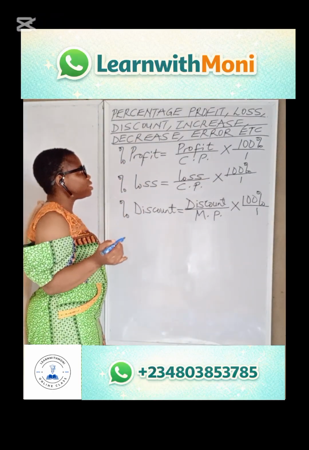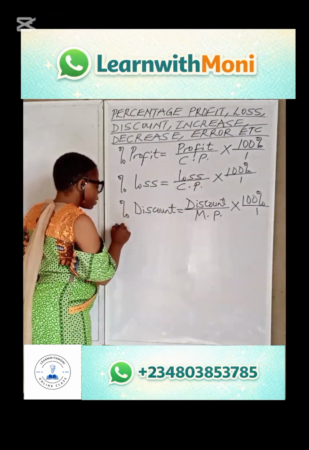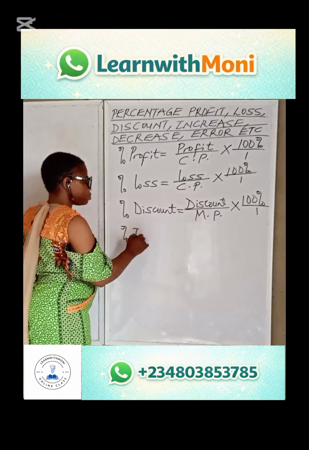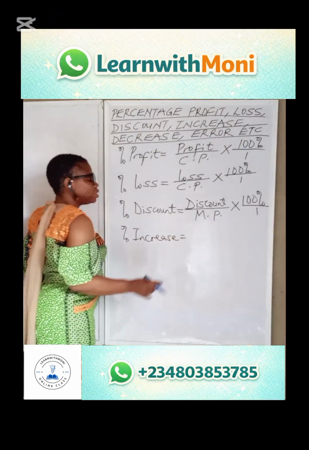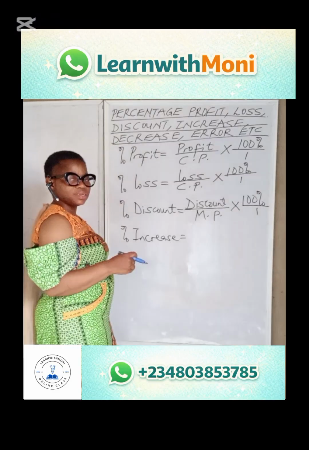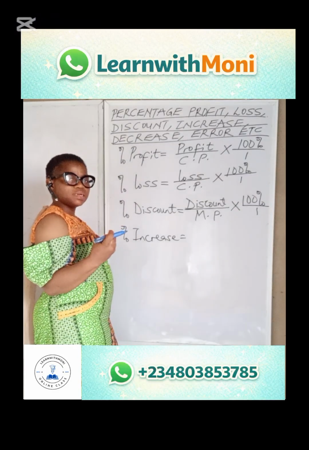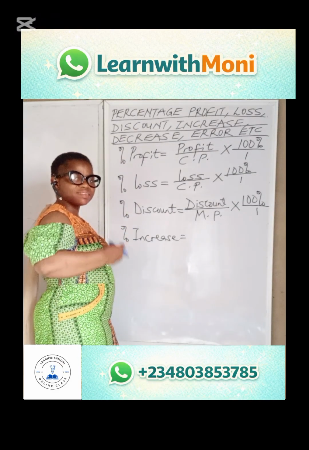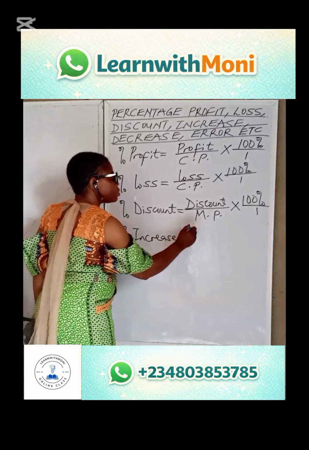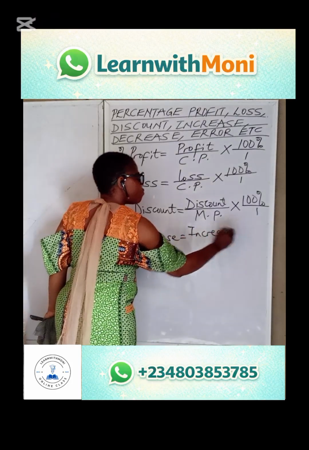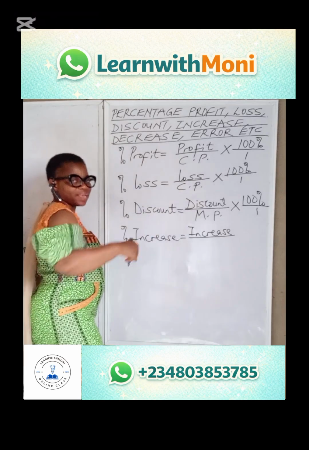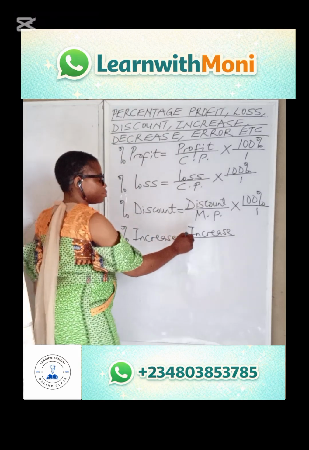And if it is an increase, percentage increase is going to be the actual increase, the actual quantity by which it has increased. So it's going to be the increase over the original size or the original amount.